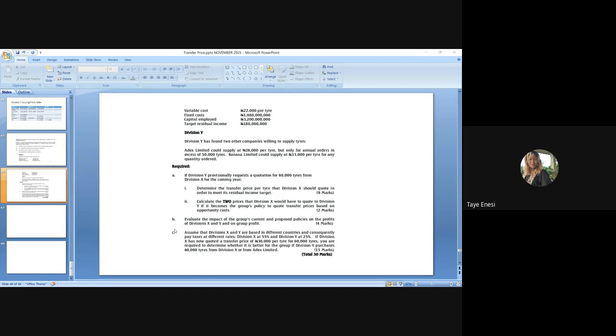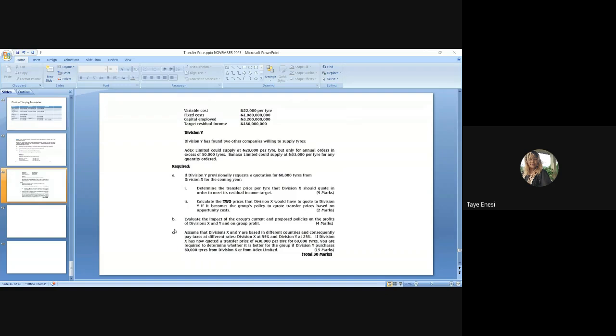B. Evaluate the impact of the group's current and proposed policy on the profit of Division X and Y and on the group profit. C. Assume that Division X and Y are based in different countries and pay taxes at different rates: Division X at 55%, and Division Y at 25%.